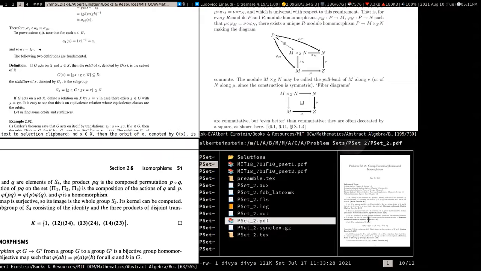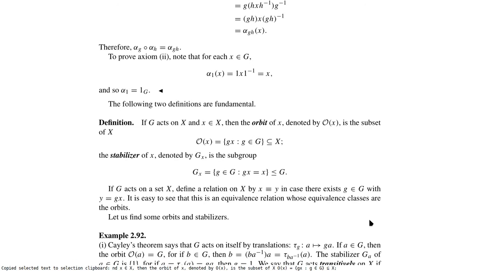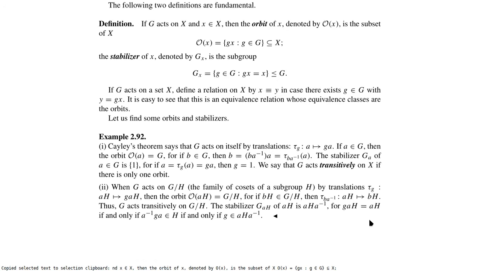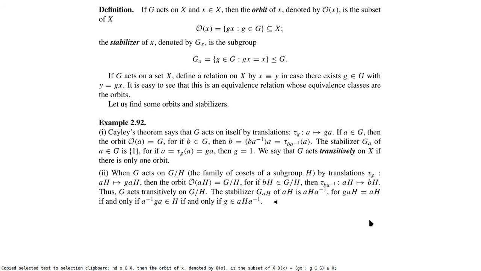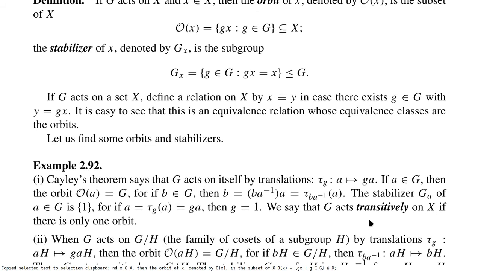Okay, so yeah. We have a few examples relating to this, but I think he says something else. If G acts on a set X, then you define a relation, kind of establishing an equivalence relation.